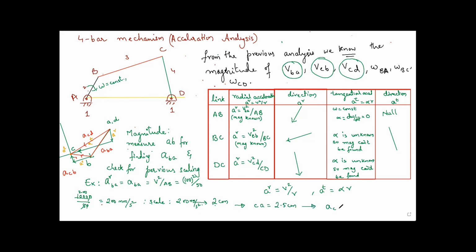Acceleration of C with respect to A will be 2.5 multiplied by 100, right? Because earlier we divided by 100. So here you have to multiply by 100 and you'll get the value as 250 mm per second square. So this is the value. You have to scale it back to the original values.